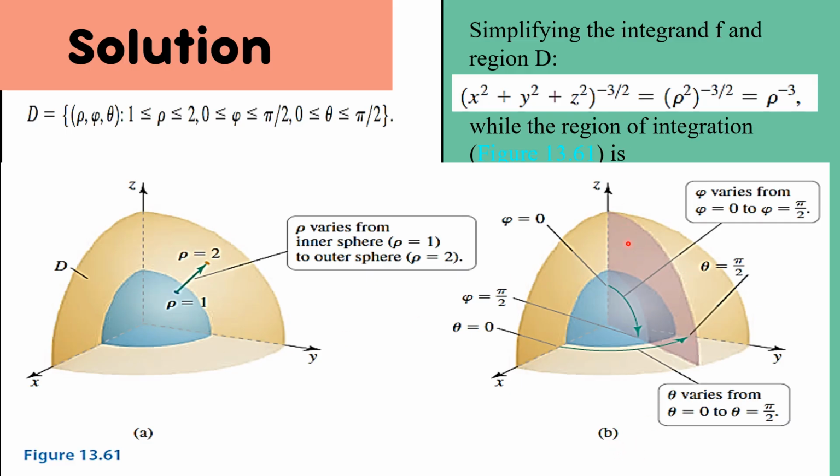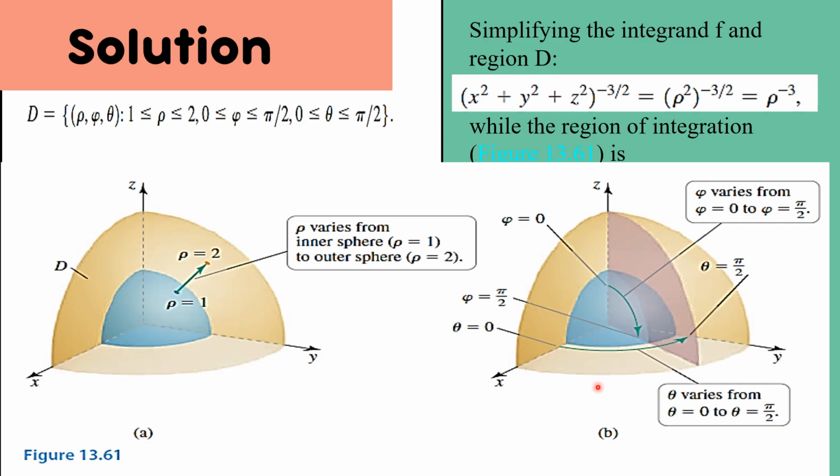In Figure B, we can see that phi varies from phi equals 0 to phi equals pi over 2. So this is the angle, starting from here, from 0 to pi over 2. It's exactly 90 degrees.